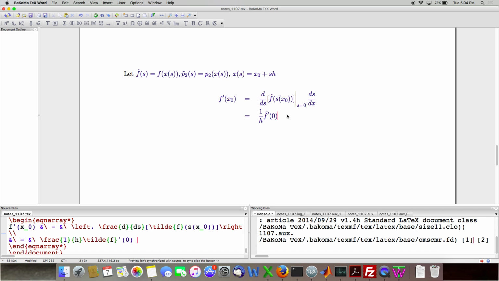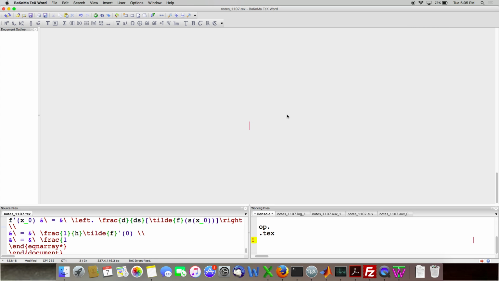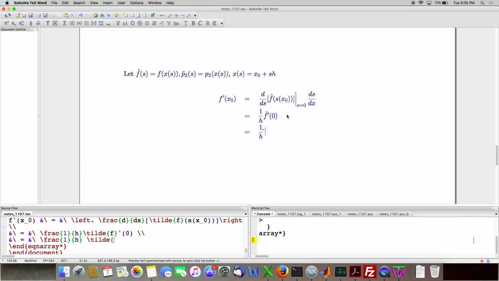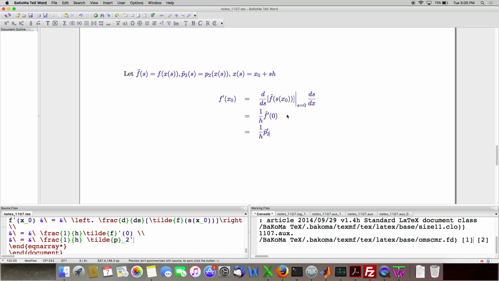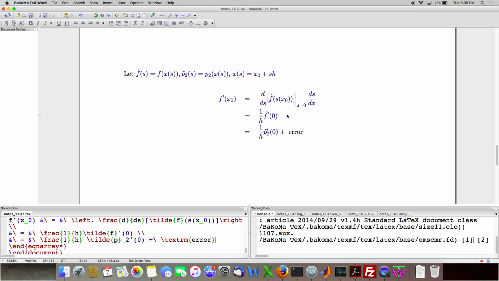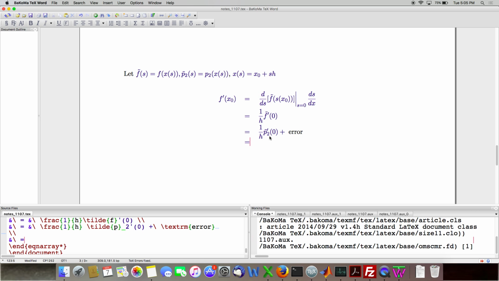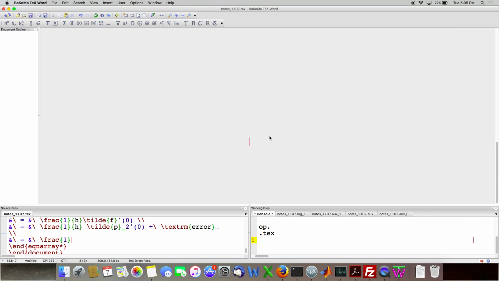And because I want to use a polynomial interpolant, that would be the same as 1 over h times my polynomial interpolant derivative at 0, plus some error. And if I represent this in Lagrange form, then I can figure out how to get this derivative expressed in terms of the values of f.